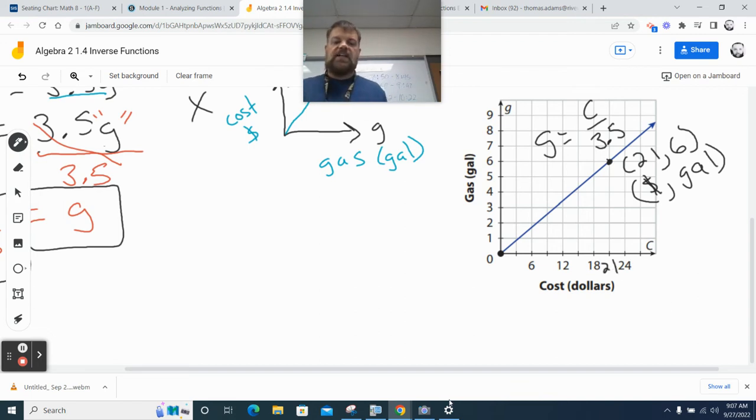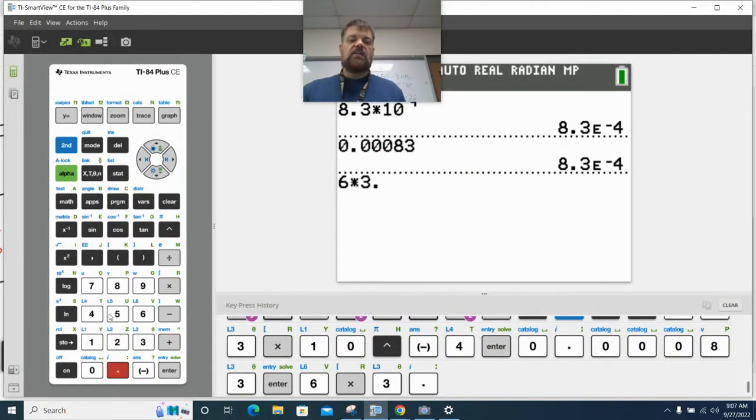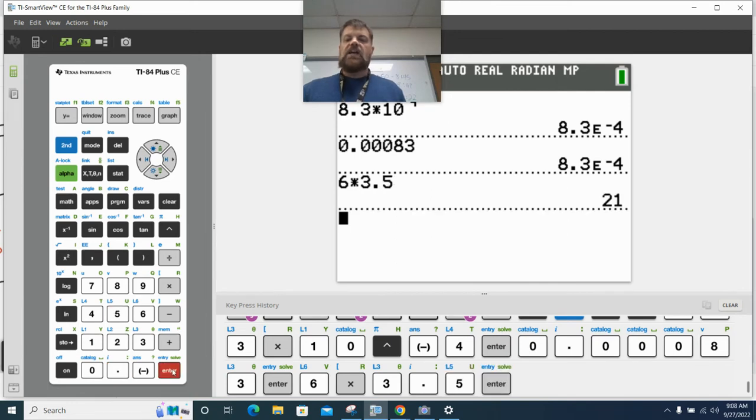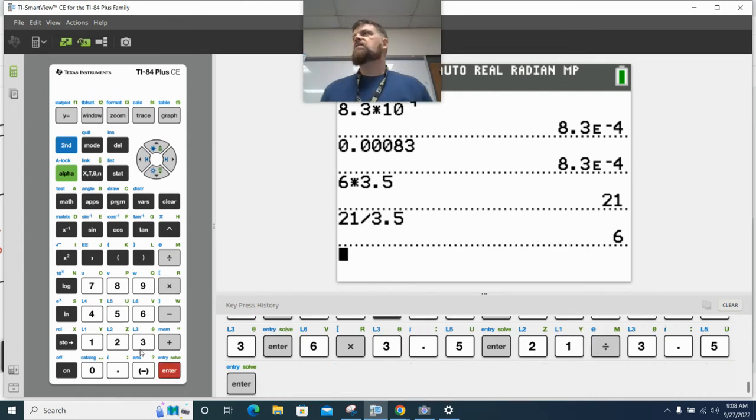So how could I verify that just to double check? Well, if I buy 6 gallons of gas and I multiply it by 350, I get $21, right? And if I plugged in 21 and divided it by 350, I would get 6. Does that make sense?